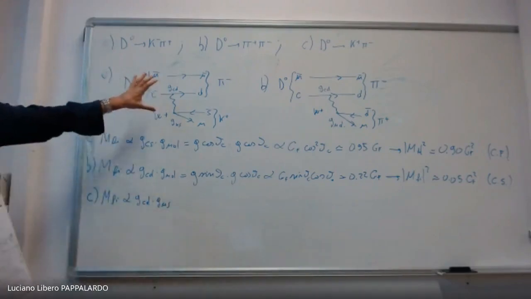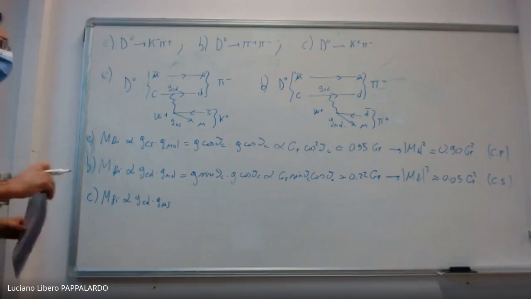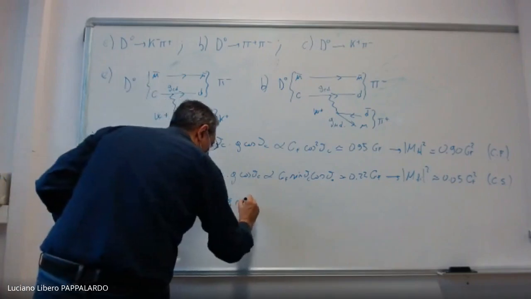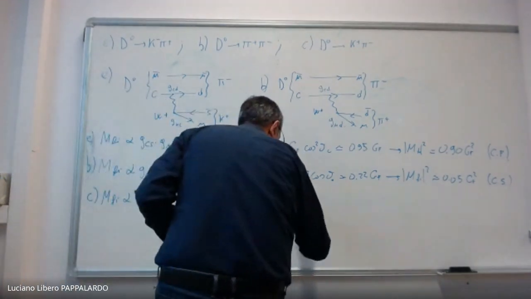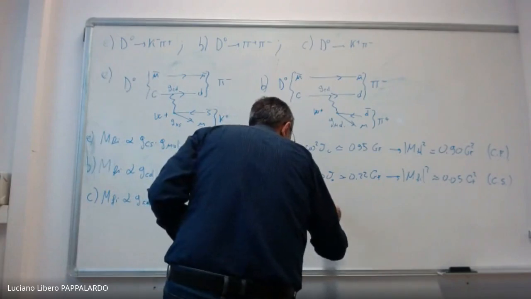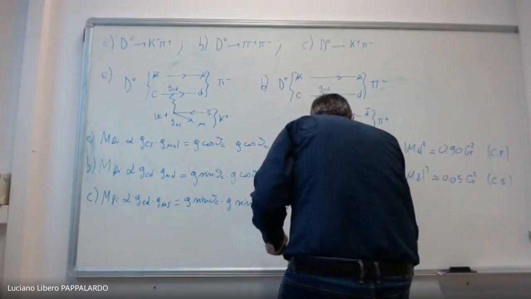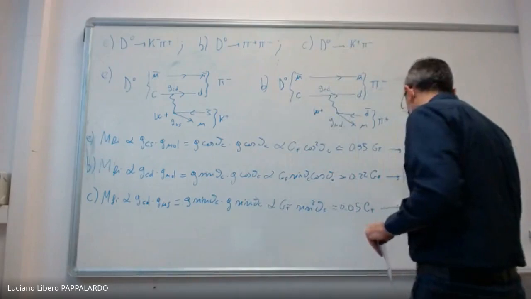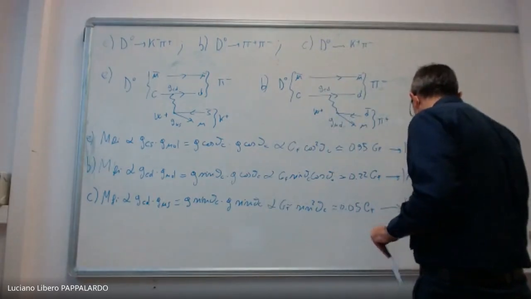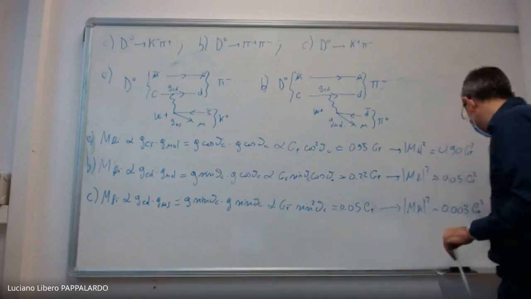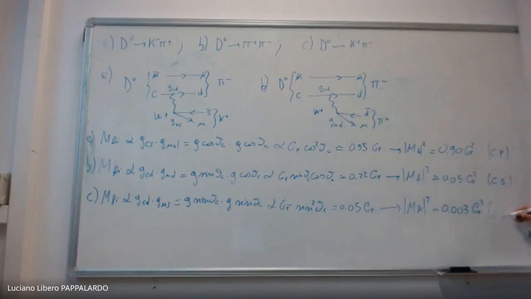Now in both cases we have a transition between quarks of different families, so they are both suppressed, right? So this is G sin theta_C times G sin theta_C, that is proportional to G_F sin squared theta_C, which is of the order of 0.05 G_F. And when you take now the square of this matrix element, it is of the order of 0.003 G_F squared. This is called the Cabibbo doubly suppressed. It is suppressed twice.